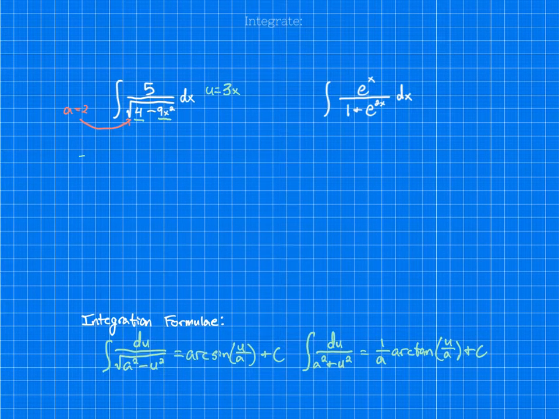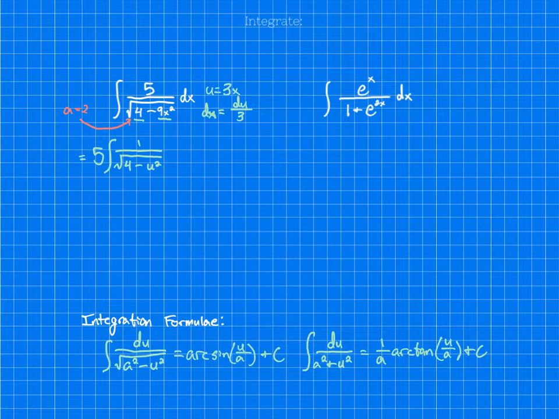Okay, so let me rewrite this integral. I'm going to pull the 5 outside just to make things easier on myself. And we have 1 over the square root of 4 minus u squared. I forgot to do one thing though. I didn't calculate what my dx would be equal to.